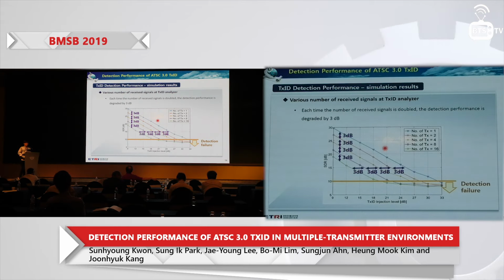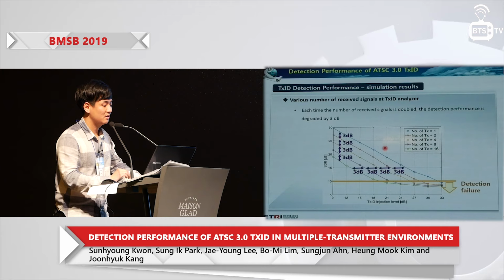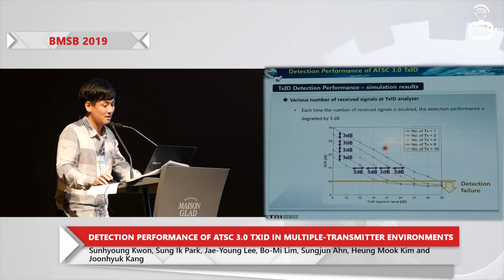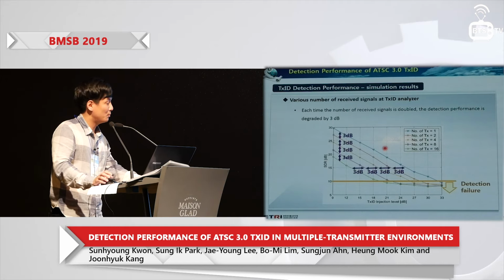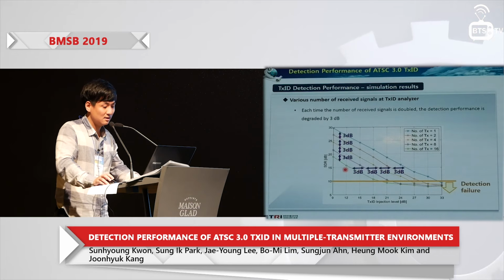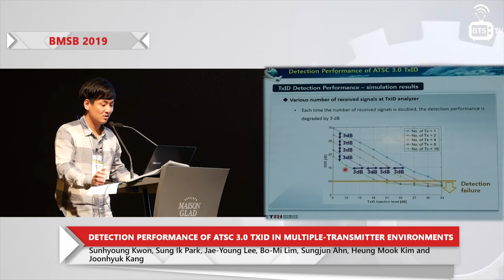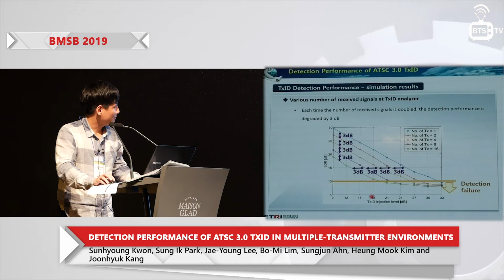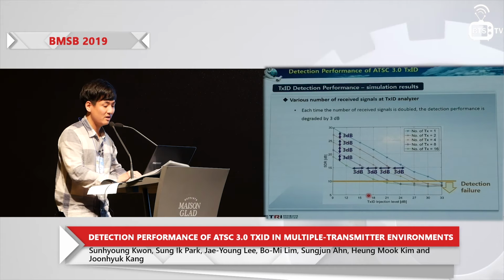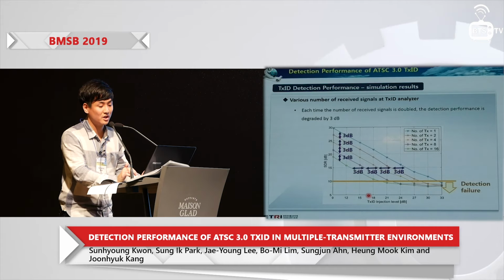For such a single transmitter case, the TxID detection is successfully performed up to 30 dB injection level. However, whenever the number of received signals doubles, the TxID detection performance drops by 3 dB. For example, when 16 signals are received, even 18 dB injection level is very close to the detection failure condition.